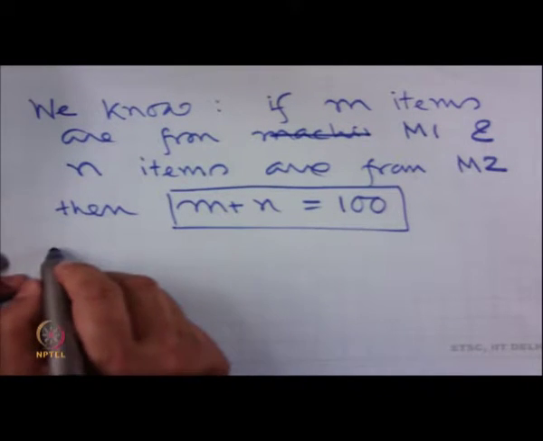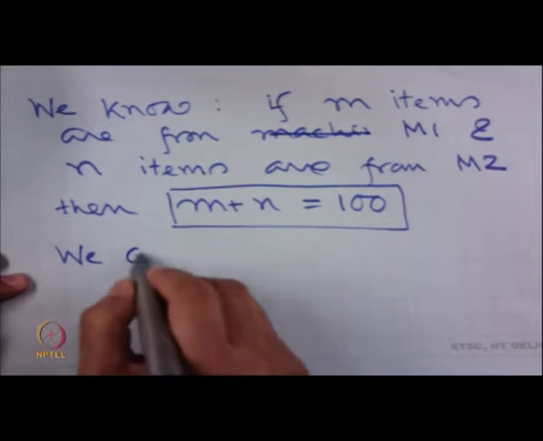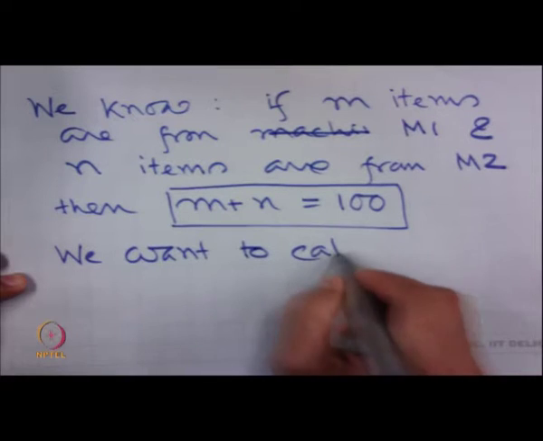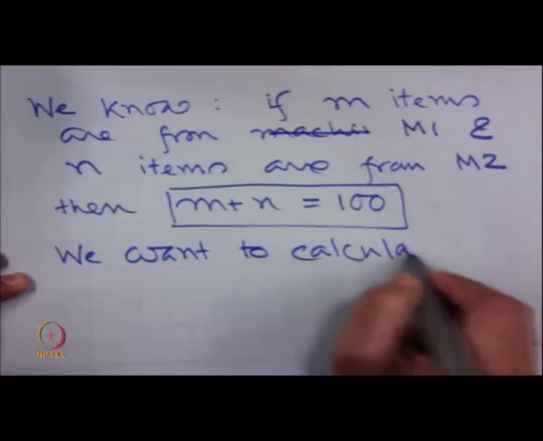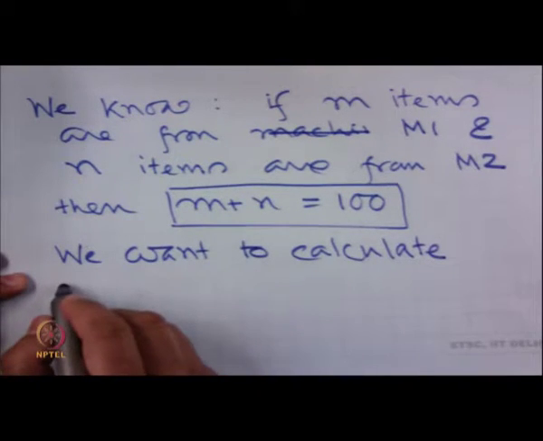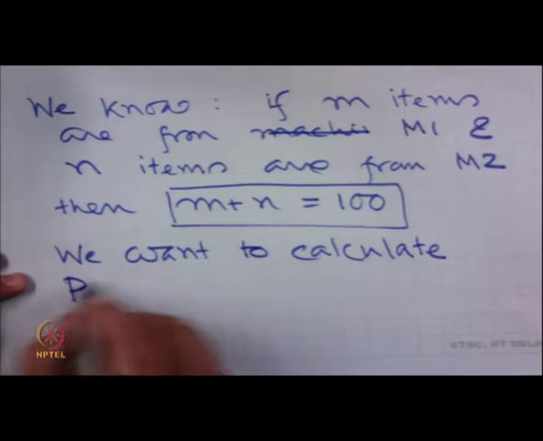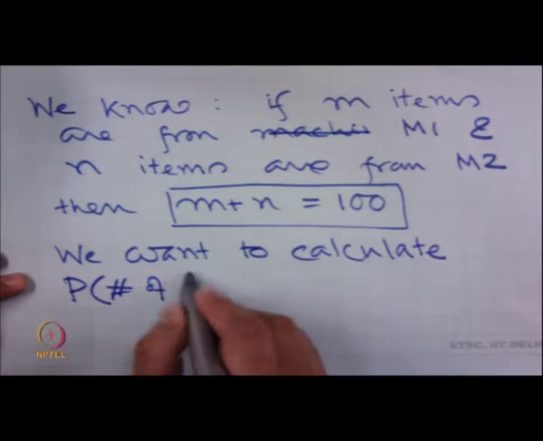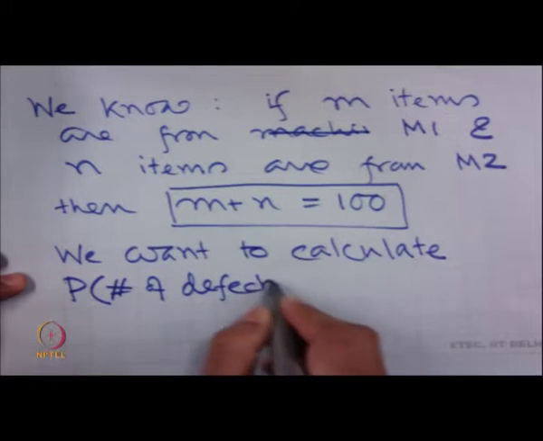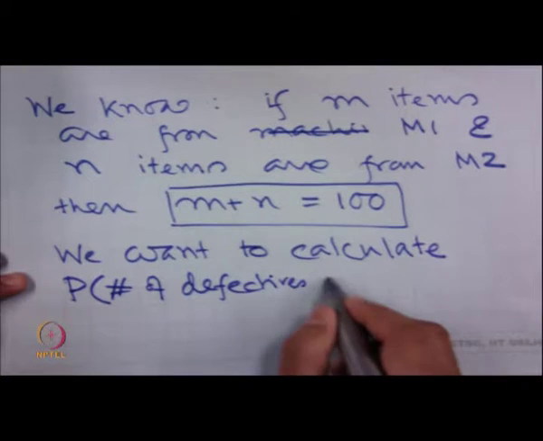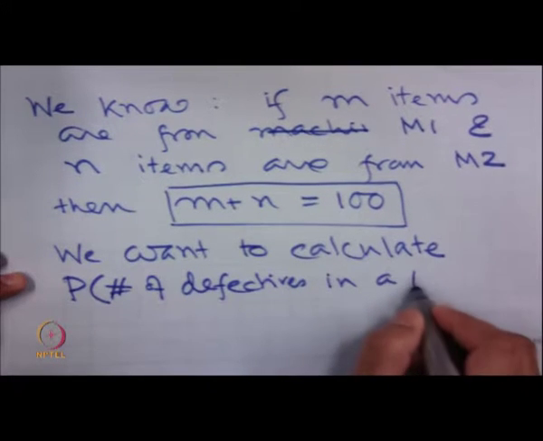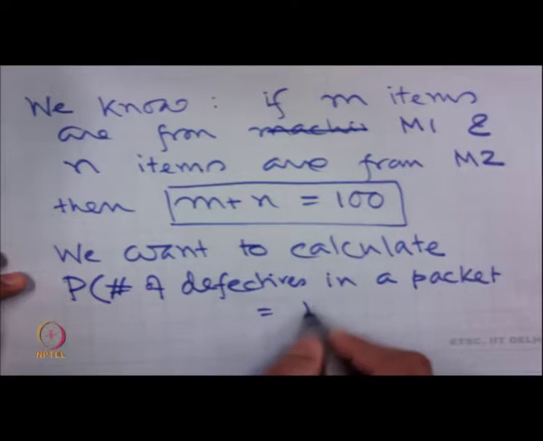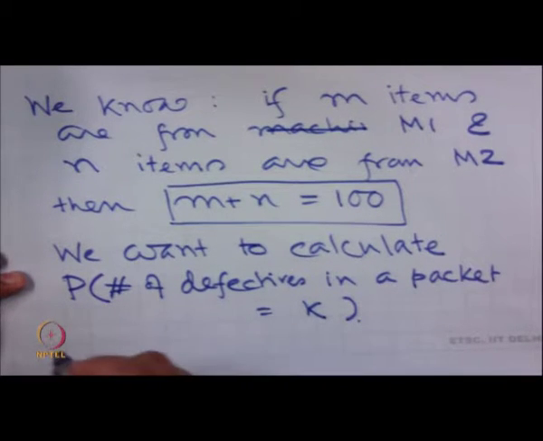So, we want to calculate the probability that the number of defectives in a packet is equal to k.